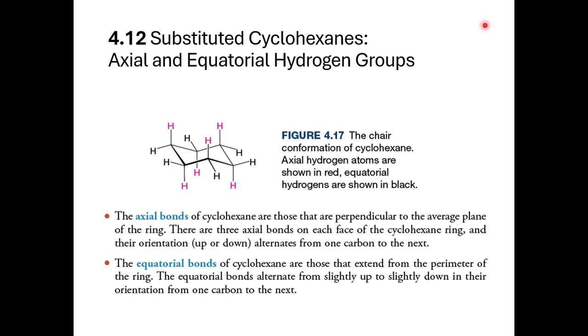The hydrogen atoms that extend from the perimeter of the ring, you call the equatorial hydrogens, and the bond is the equatorial bond. The hydrogen atoms that are perpendicular to the average plane of the ring, you call the axial hydrogen atoms, and the bond between this hydrogen and the carbon, you call the axial bond.